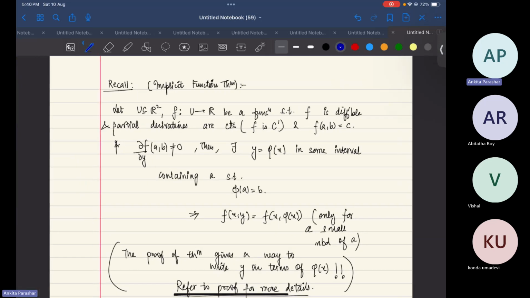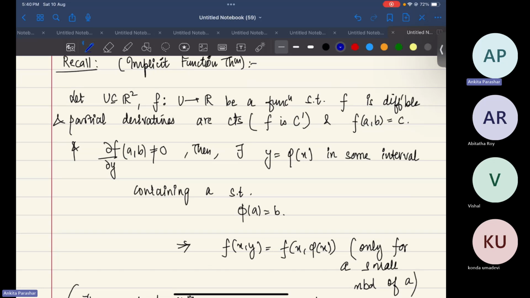So the statement of the implicit function theorem, more precisely, is like this. If you have an open set U in R2 and a function from U to R that is differentiable and whose partial derivatives are continuous, we say the function is a C1 function.